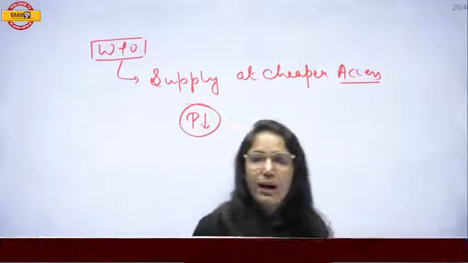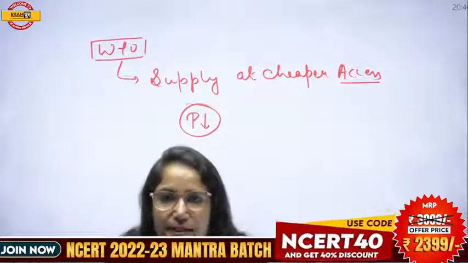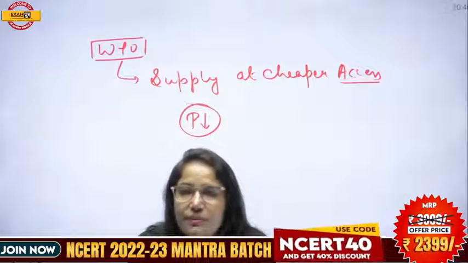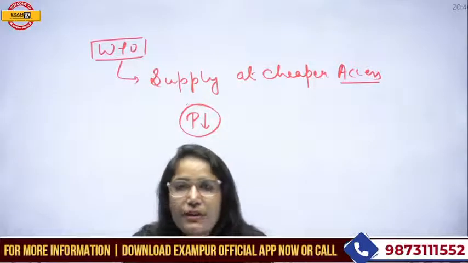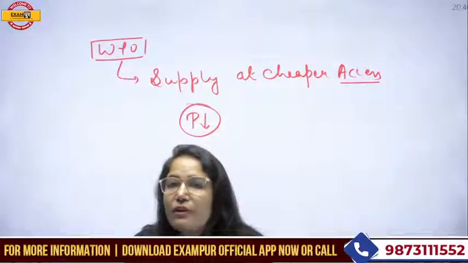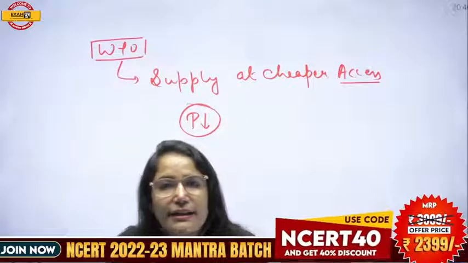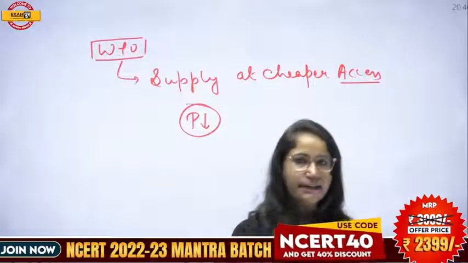Getting my point? No other country could have matched these prices, because we are providing the food grain at these prices just because we are taking the things out of storage, out of the PDS system. That is why we are providing the resources at a cheaper rate. These are not the real prices, right?